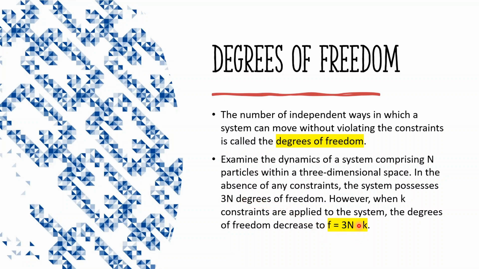If you add the constraints into account, the degrees of freedom f is equal to 3n minus k. Suppose the number of constraints k is 2, then the degrees of freedom for a 3 particle system is f equal to 9 minus 2, that is 7.